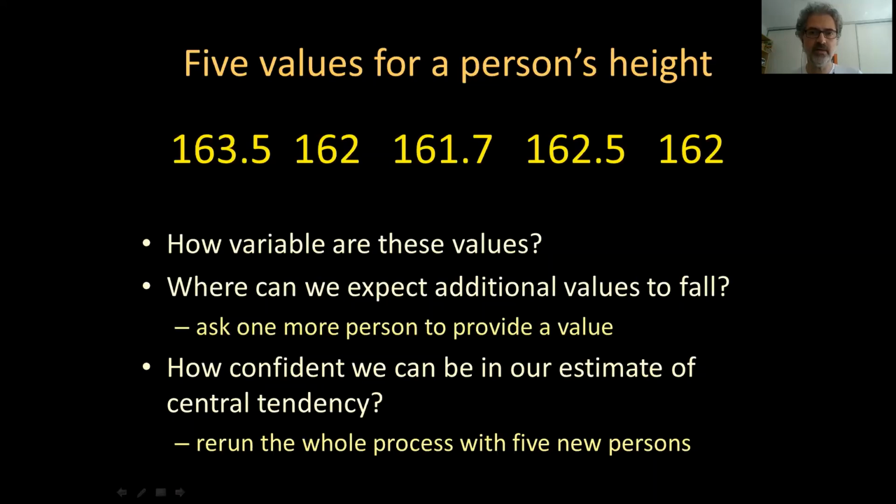So the first question has to do with individual values, and the second question has to do with indices of central tendency from new samples, new sets of values. And these questions are very important because they tell us how different answers we can get to our questions of interest, as we will see in more detail later in the course.